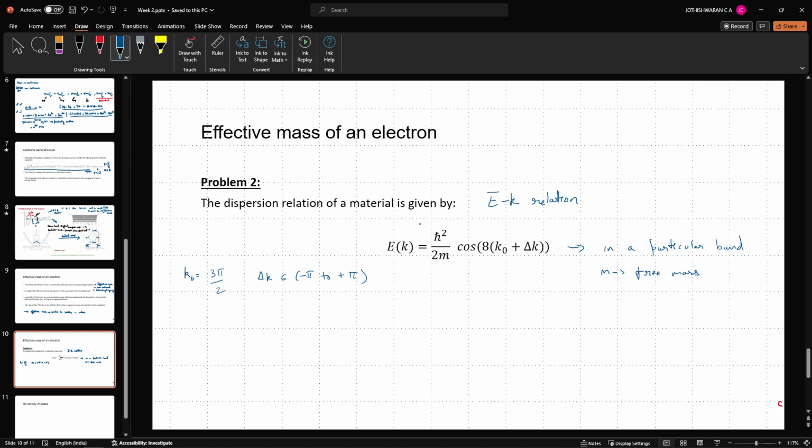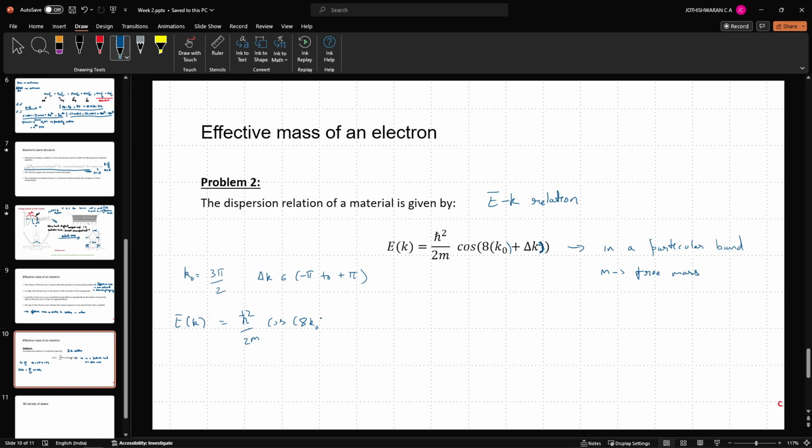So E as a function of k is given by this for a particular value of k. If I'm stating this formally, what I will say is E of k is equal to h squared by 2m cos 8 (k naught plus delta k). Oh yeah, delta k should be inside the bracket here. So the bracket closes here, this part should not exist.